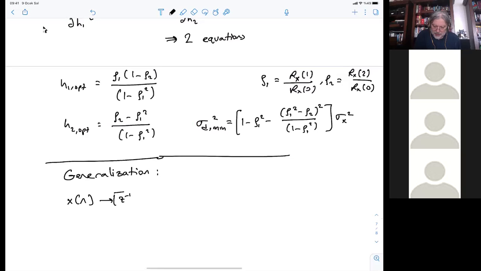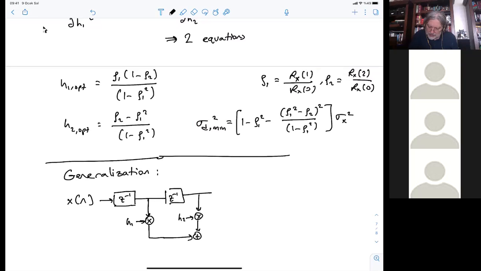Z to the -1 is a discrete time delay, you may remember from signals and systems or digital signal processing. This first delayed sample is multiplied with a coefficient h1, and then delayed again, producing the second past sample, and that one is scaled by h2, and we are accumulating these things.